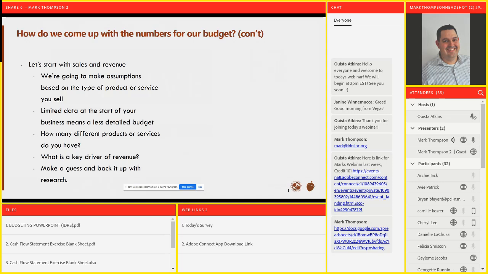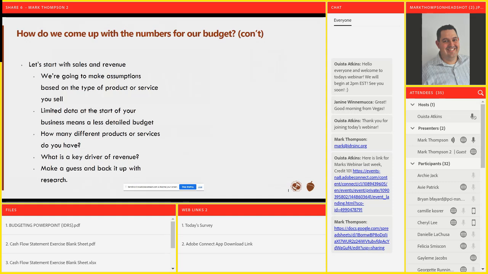So that's what we're going to be doing with the budget, right? And so maybe when you start, you start with a simple budget, and then you come back and say, okay, I'm selling a lot more of this, now readjust and build a more complicated budget as you go forward. You know, there's some more complicated things here, like what is the key driver of revenue?